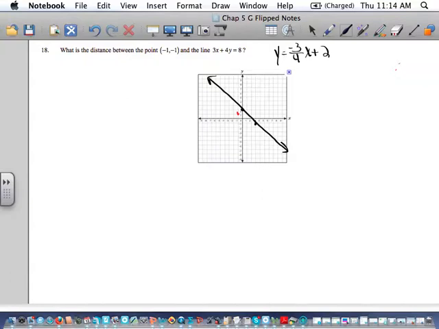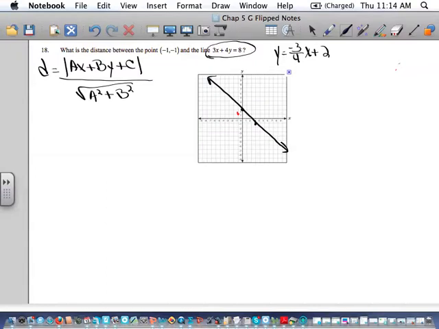Remember, we said we can go through the very long involved process to find this distance, or we can use the formula, the distance is equal to the absolute value of ax plus by plus c all over the square root of a squared plus b squared. Remembering that I have to subtract all the terms over to one side so it's equal to 0.